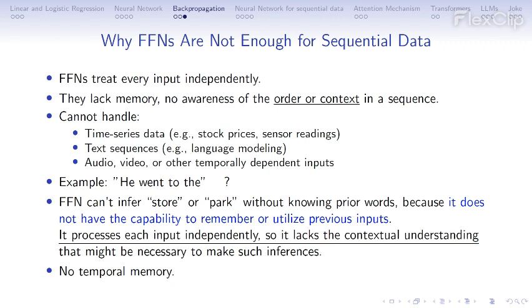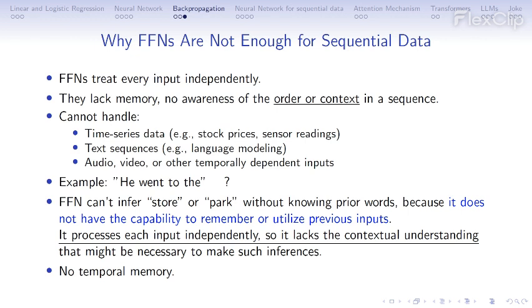So it processes each input independently, so it lacks the contextual understanding that might be necessary to make such inferences. So no temporal memory. What comes next?